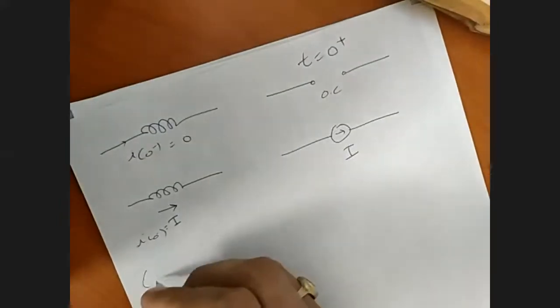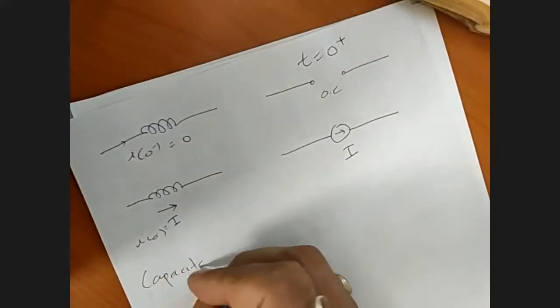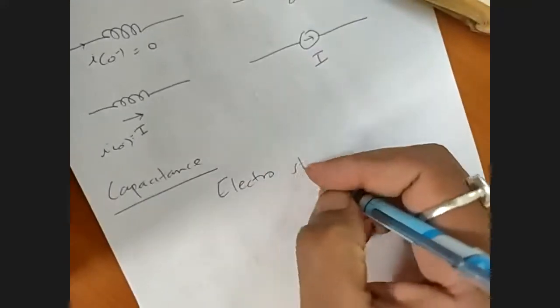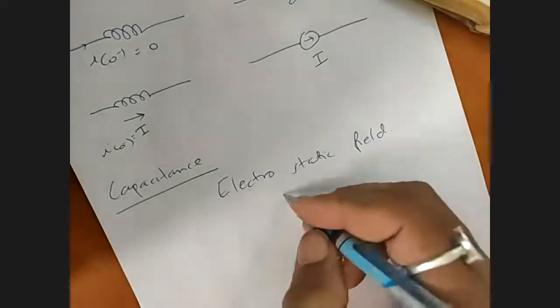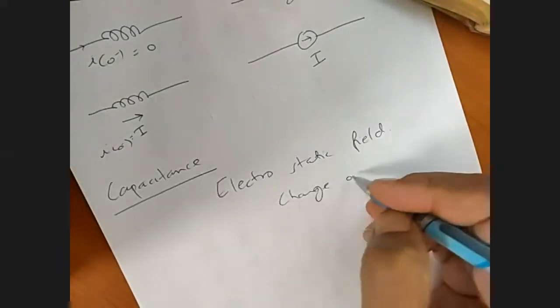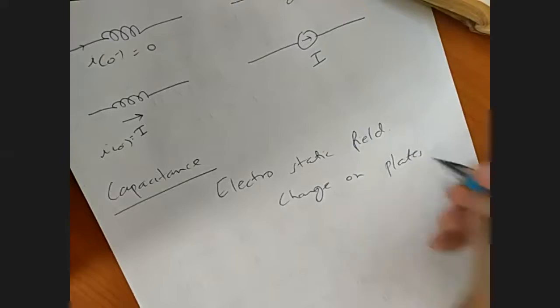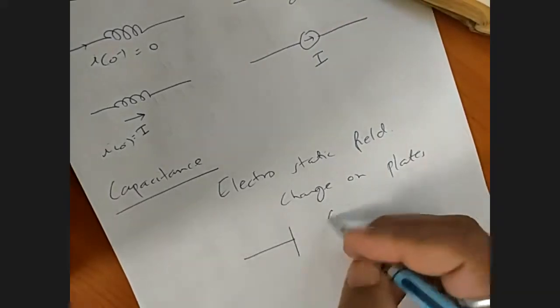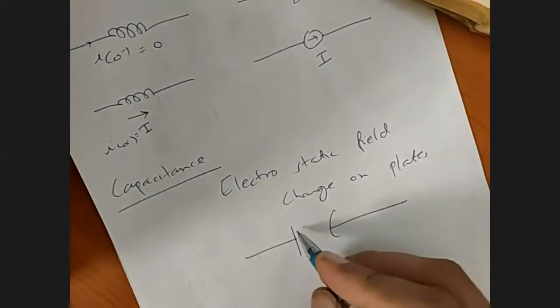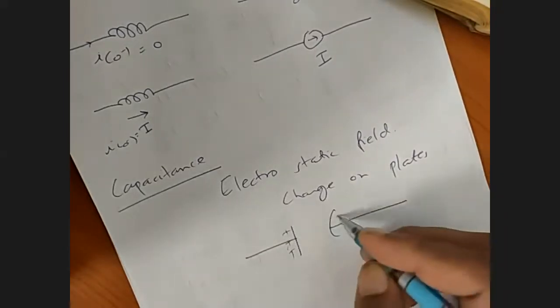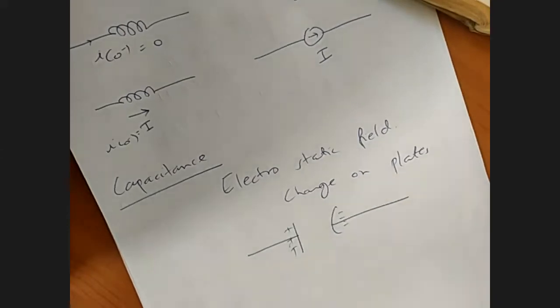And similarly for capacitance, because capacitance works on electrostatic field, charge on plates. So it will not be possible that this charge will change suddenly in the capacitance.